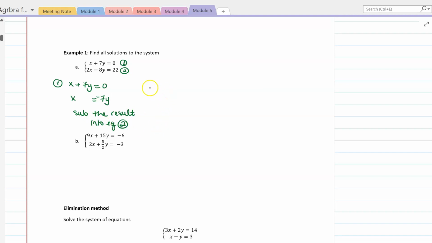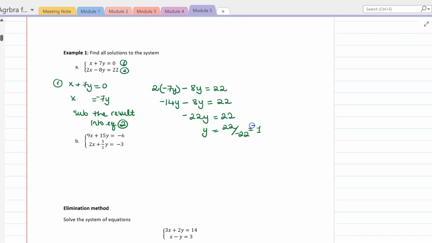And by doing that, I get 2 times negative 7y minus y equals 22. So y equals negative 1 here.